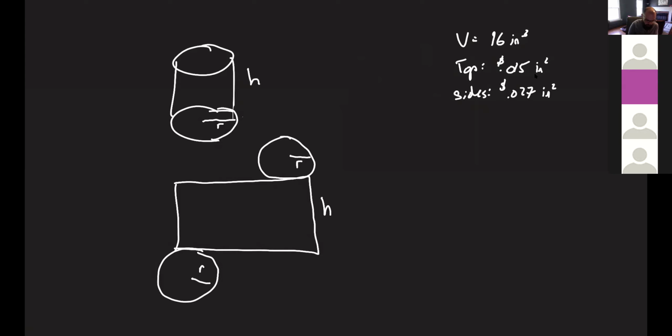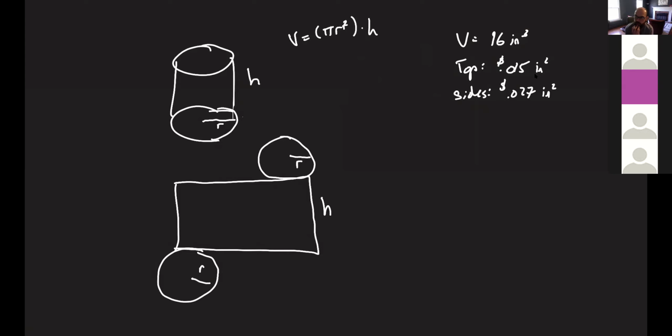So the volume is going to be the area of my base, the area of that circle, which is pi r squared, and then I'm going to multiply that by my height. So this is pi r squared times h. That'll be the volume of my cylinder.